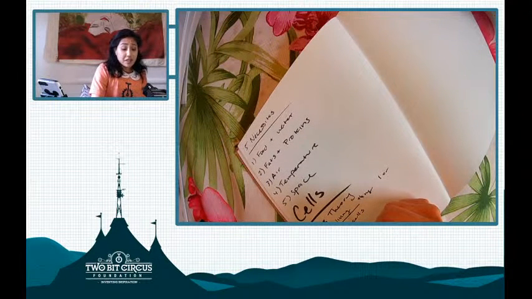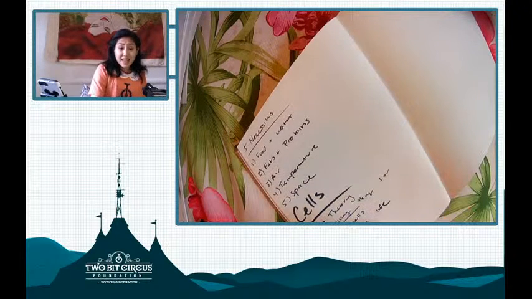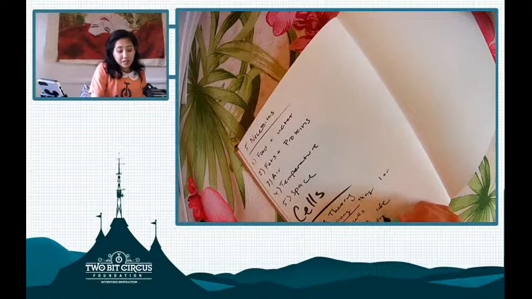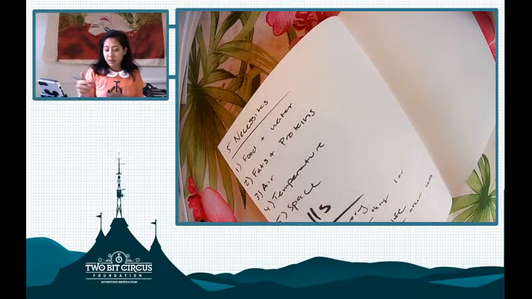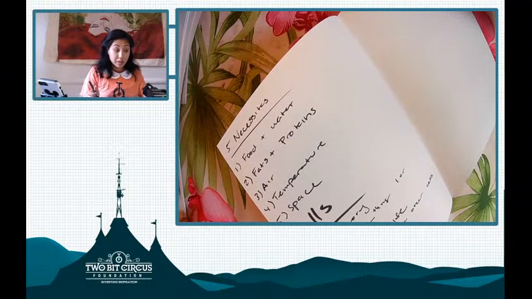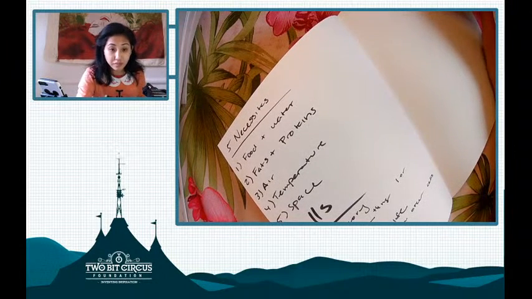So the cell needs to help create life. And then lastly, to answer that question as to where cells came from, cells come from other living cells. Because remember, my friends, matter is neither created nor destroyed. So that makes the most sense, right? The cells came from other cells.